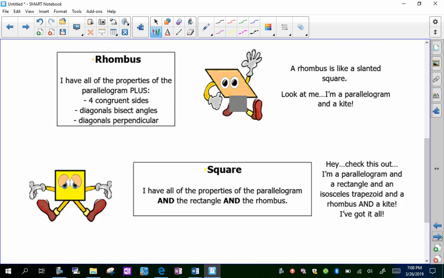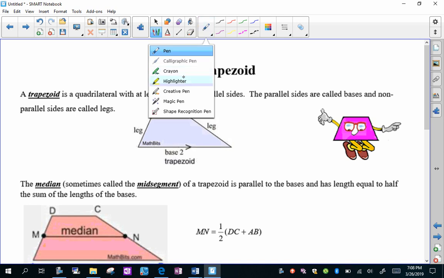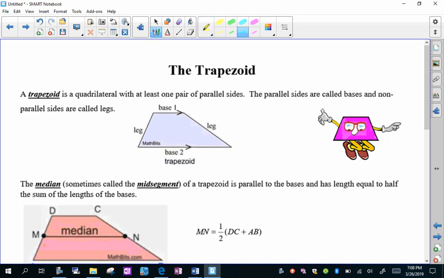But in today's video, what I want to focus in on is the trapezoid. The trapezoid is a quadrilateral with at least one pair of parallel sides. Let's highlight that: at least one pair of parallel sides.